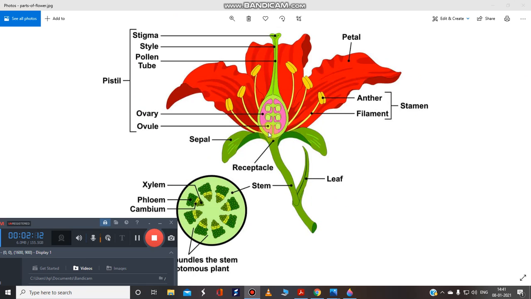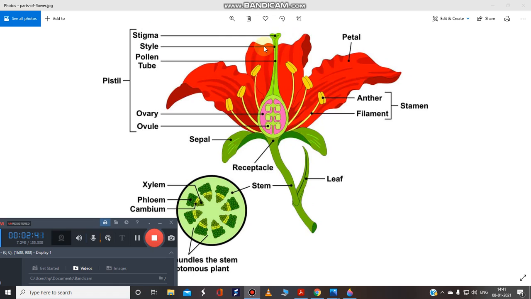I think these parts are clear. Now if you talk about the main female parts, ovary. This is the ovary, this one pinkish portion, and inside ovary we have ovule, no doubt. Inside ovary we have ovule, and look at this. This is the tube. This is the pollen tube, and over here stigma and style.